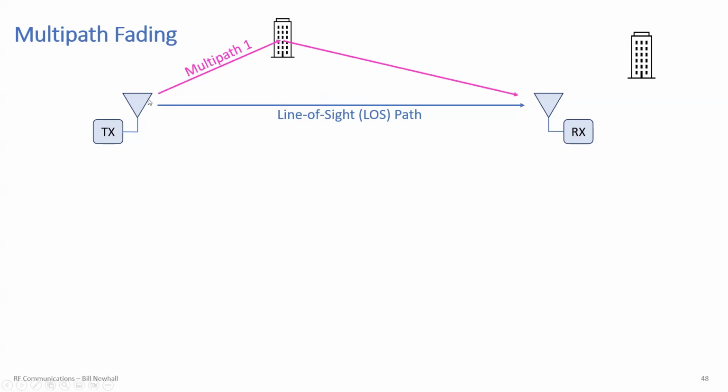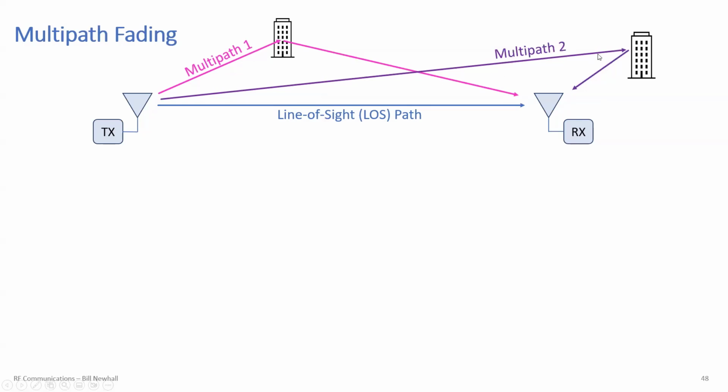A multipath component is a signal that propagates from the transmitter, reflects, refracts, gets scattered by an object in the environment, a physical object, and makes its way back to the receiver. Okay, you can have multiple multipath components.